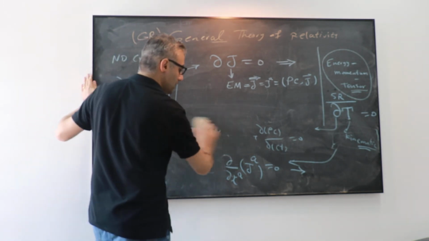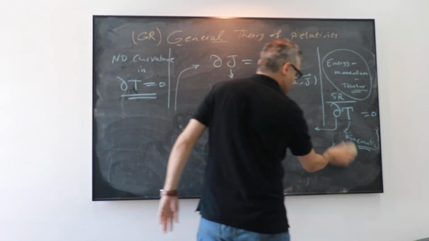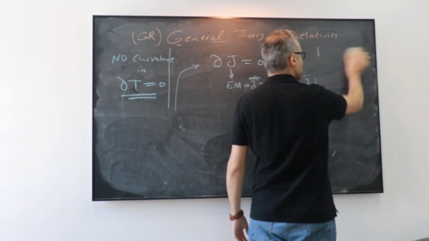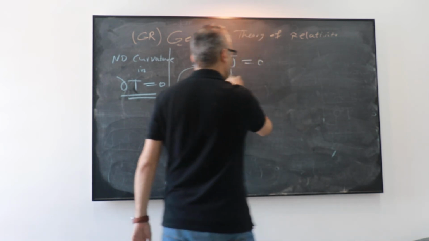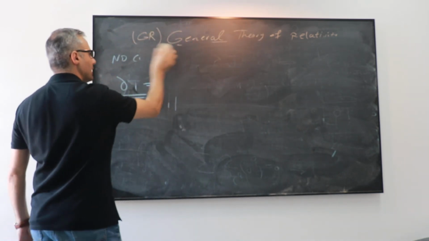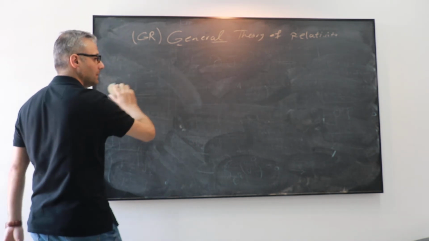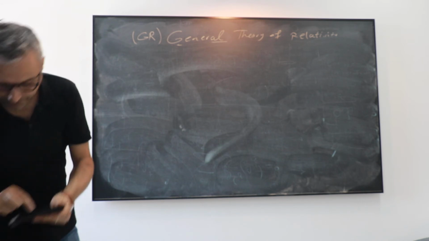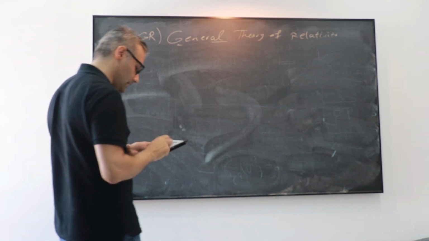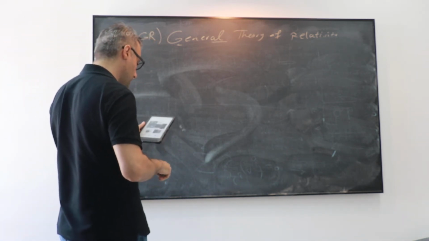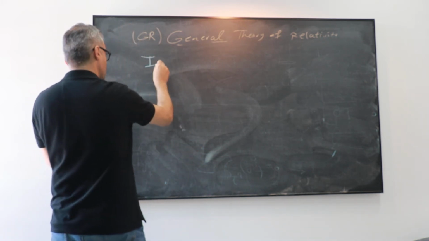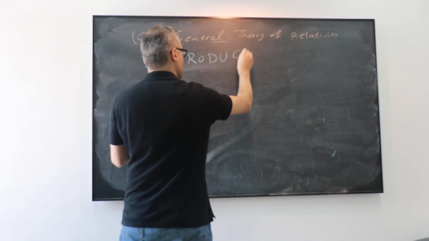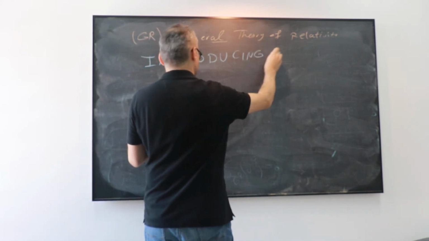This first book of Inverno is mainly text, as you see. So I will ask you to please go through the text and read it, and there is something we can talk about there. Formally this is the course where our book was Introducing Einstein's Relativity.